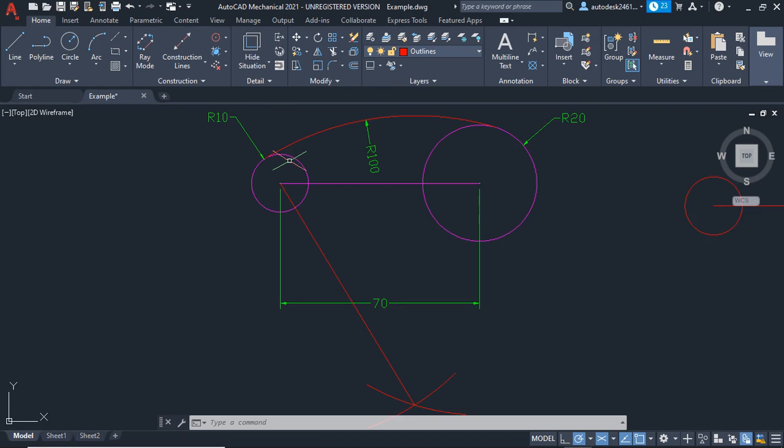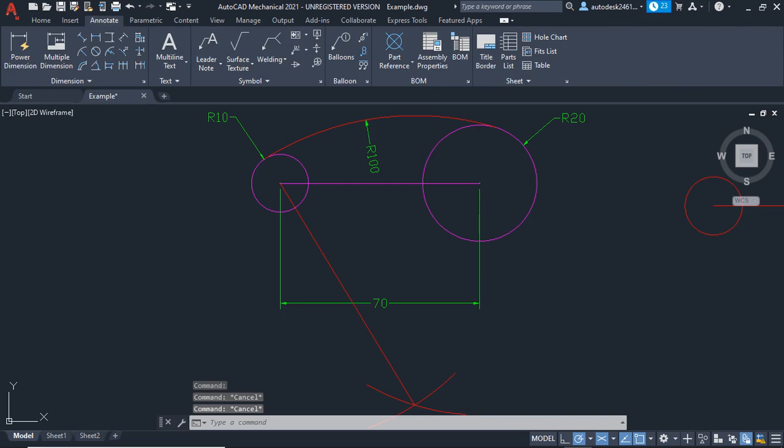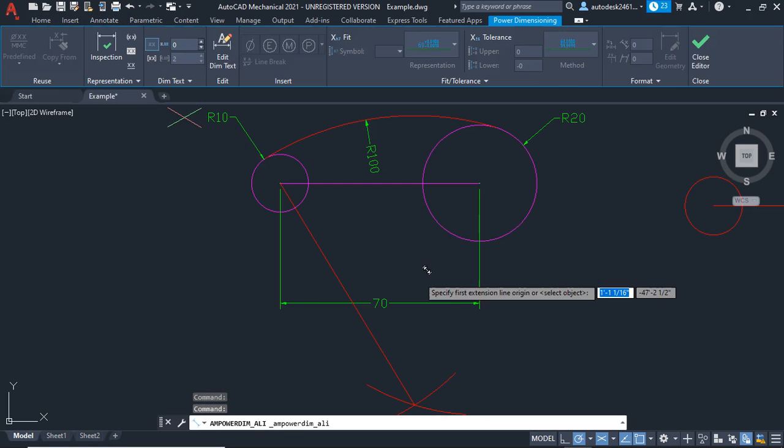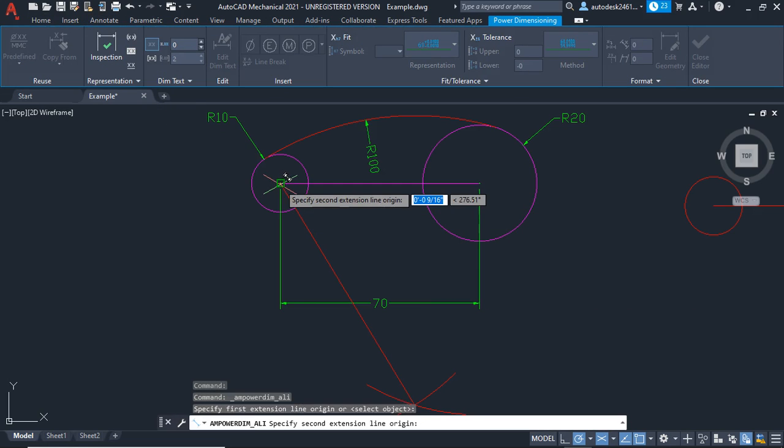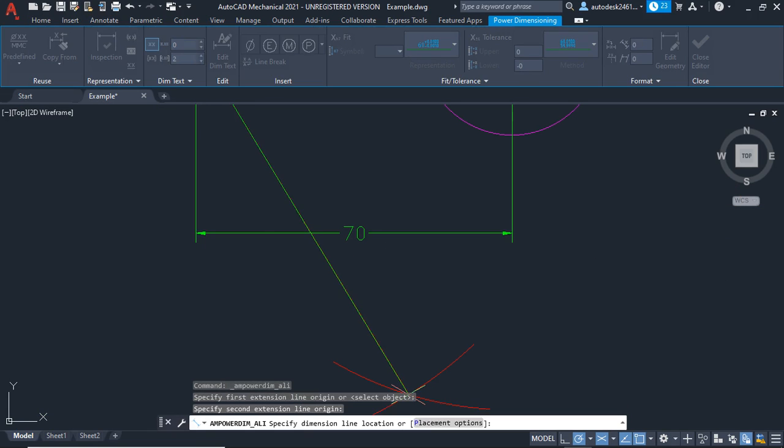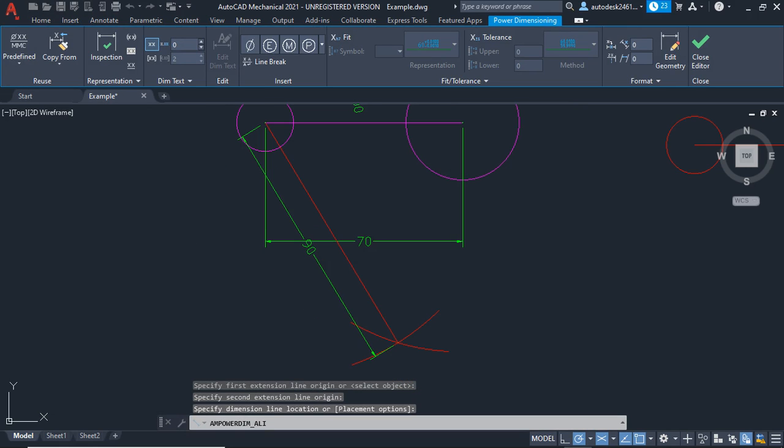So since we know the radius is 10, and we know the full curve is 100, if you subtract 10 from the full curve, you are left with 90. So let's check to see if the measurement of this arc is at 90. And it's at 90.